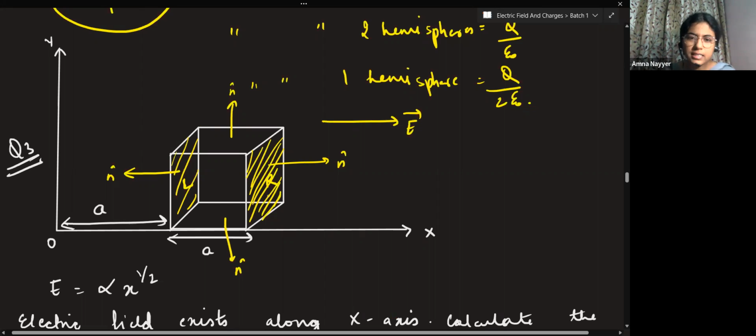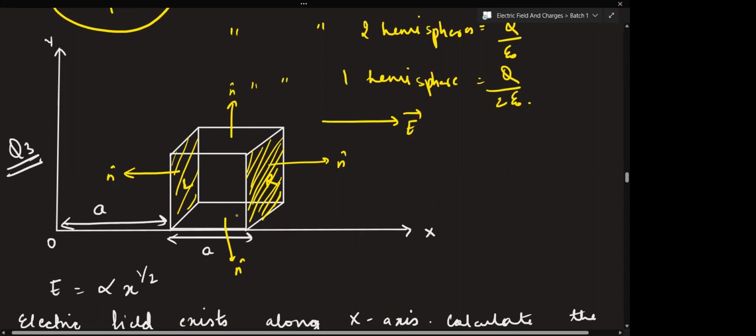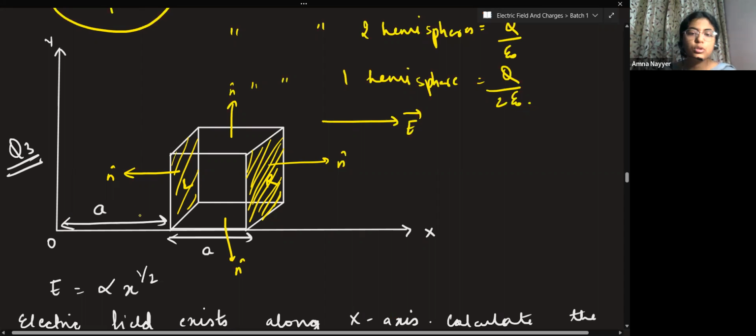For this right hand side face, what is the separation from the origin? Samaira, you tell me. This cube has been separated by a distance from the origin, and this is also a. So what is the total distance from the origin? 2a. So that's why we have taken 2a.